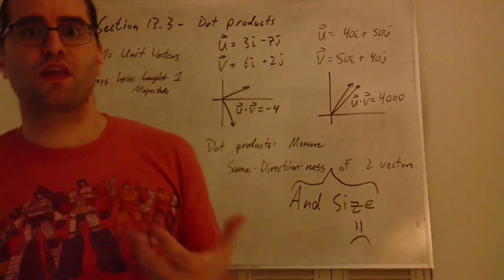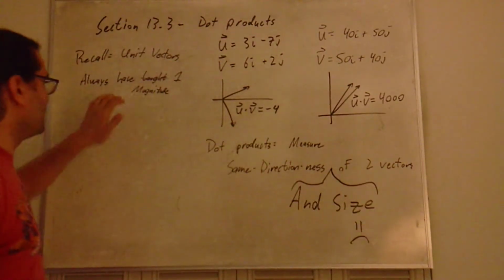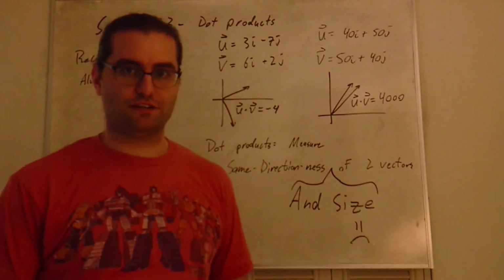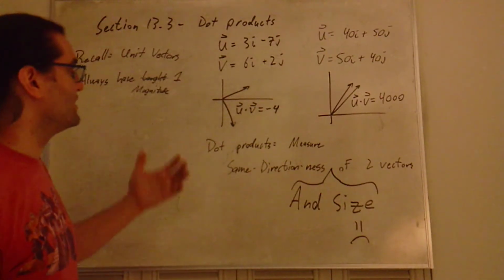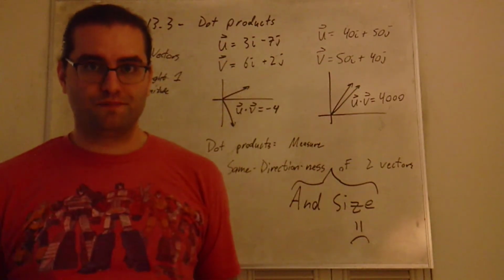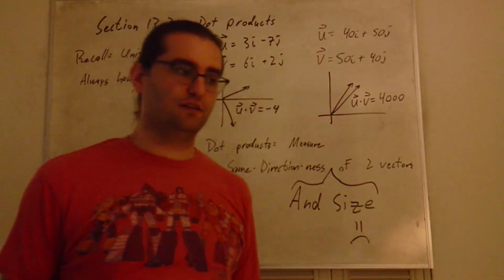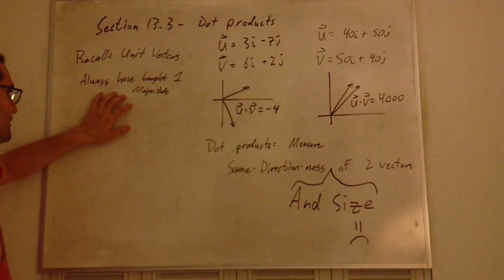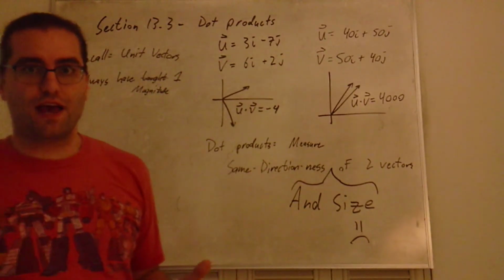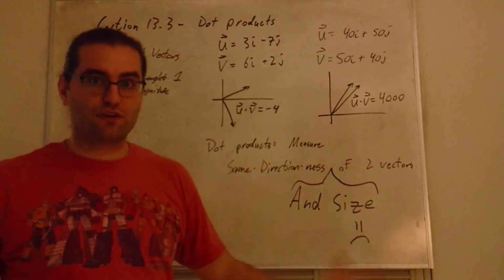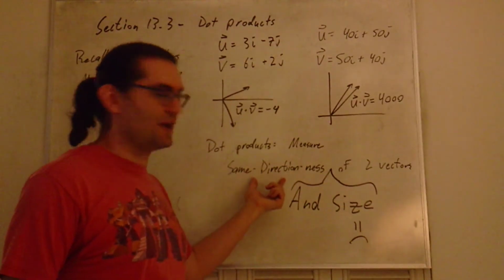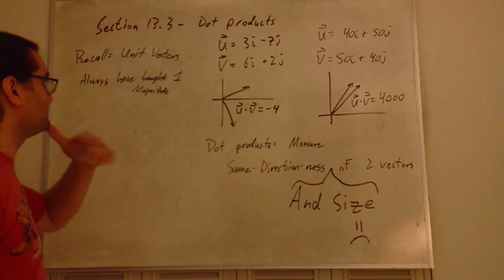The other thing that we learned about unit vectors is that it's surprisingly easy to turn any vector into a unit vector. All we have to do is find its magnitude and then divide the vector by its own magnitude, and we get a unit vector that has magnitude 1 and points in that same direction as the original vector. So we have a mechanism here that we can use to turn any vector into a unit vector. And if the only thing we ever work with are unit vectors, we don't have to worry about the relative size of vectors screwing up our metric of same directionness, which is nice.